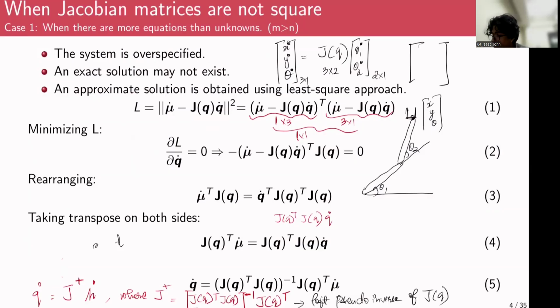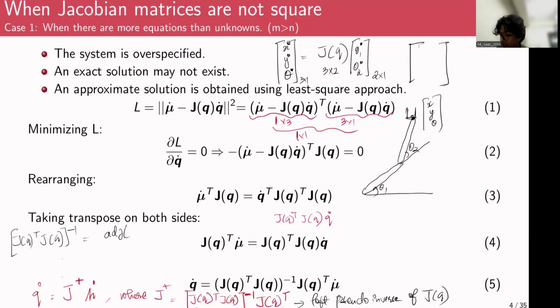All right. And for this pseudo inverse to exist, this inverse has to exist. And for J of q transpose J of q, the whole inverse, to exist, you know the formula, right?